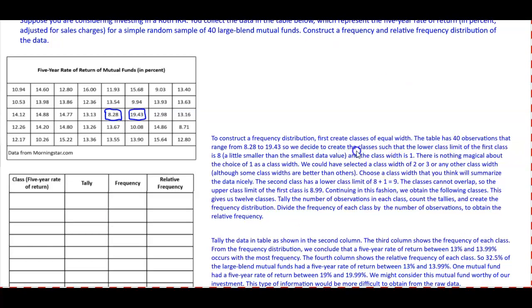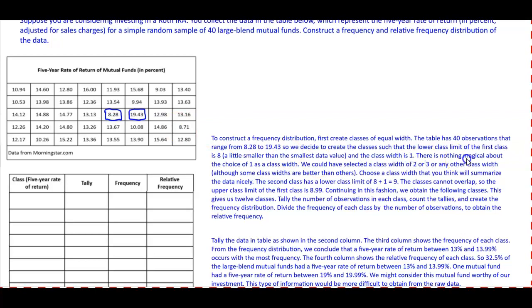So we decide to create the classes such that the lower class limit of the first class is going to be 8, since it's a little smaller than the smallest data value. And the class width is going to be 1.